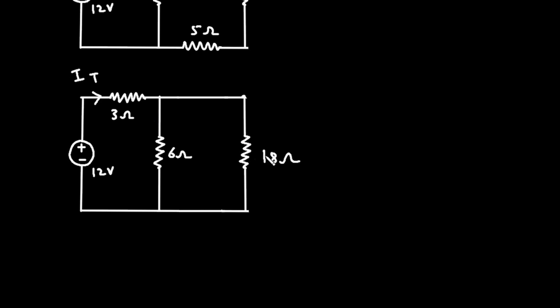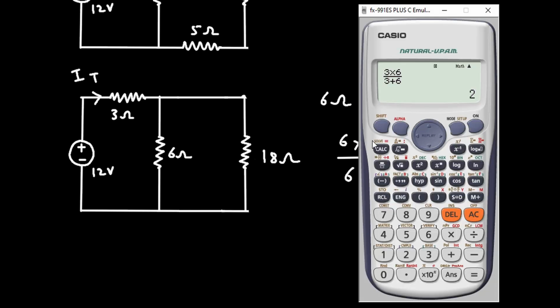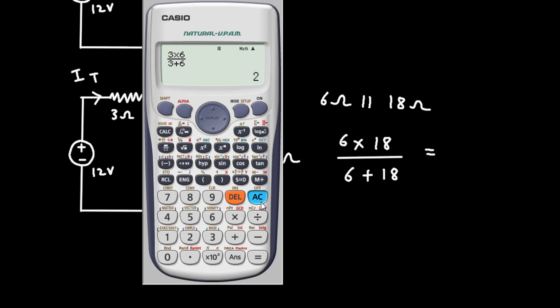Now this 6 ohm and 18 ohm are connected in parallel. 6 ohm parallel with 18 ohm. So it will be 6 into 18 divided by 6 plus 18. If we solve this, we get 6 into 18 divided by 6 plus 18. So it is 4.5.